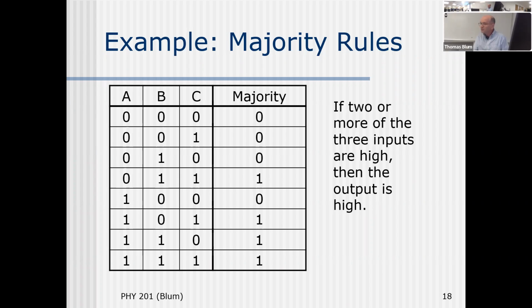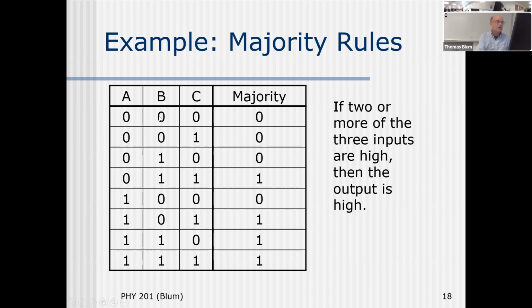There are other scenarios. This is the scenario where there are 3 inputs, A, B, and C, and our rules are going to be majority rules. So if I have 2 inputs or 3 inputs that are high, I'm going to be high. This is the scenario that I've chosen as my example. It's not the only possible scenario.